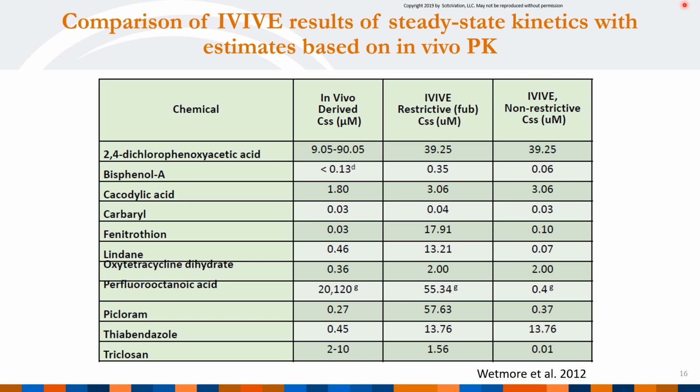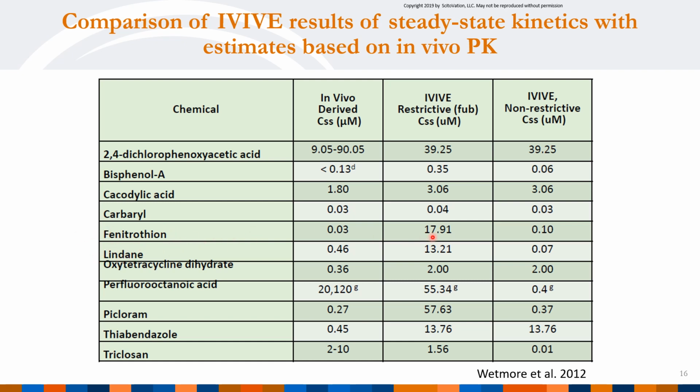However, for many chemicals, hepatic clearance is non-restrictive, which means that all chemical, free and bound, is available for metabolic clearance. So here, when you look at restrictive clearance, you can see that for some chemicals, we had some over-prediction. We have the example here of phenytoin.